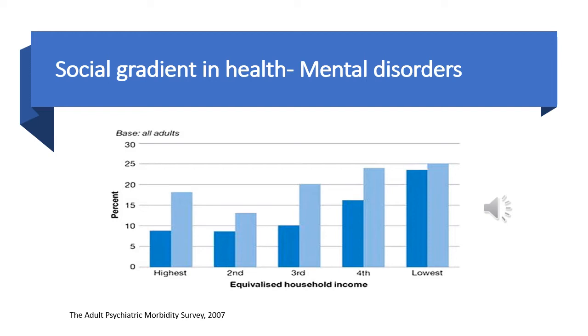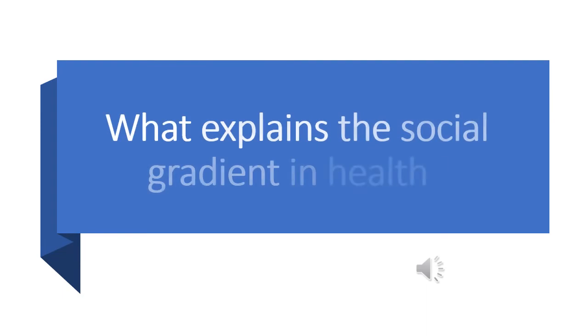So in summary, mental health disorders were very common in households with the lowest income and in females compared to those with highest income and male. I hope that you are all able to recognize the link between social gradient and disease.